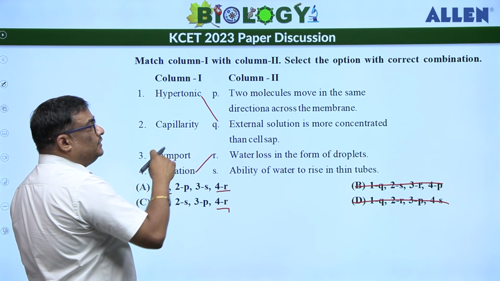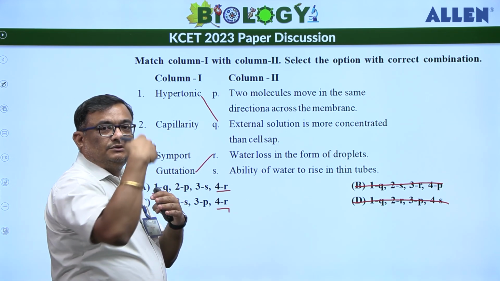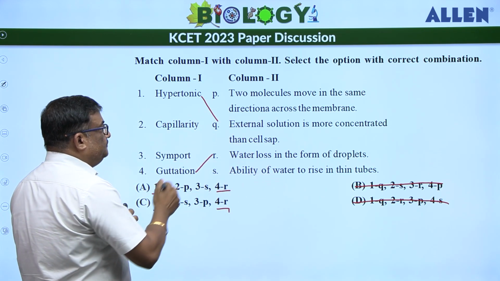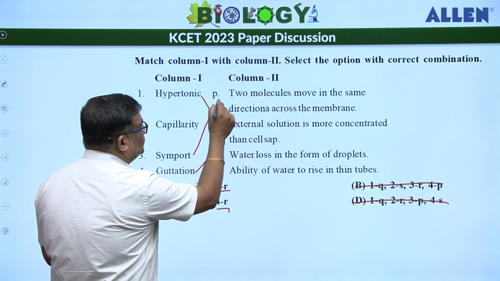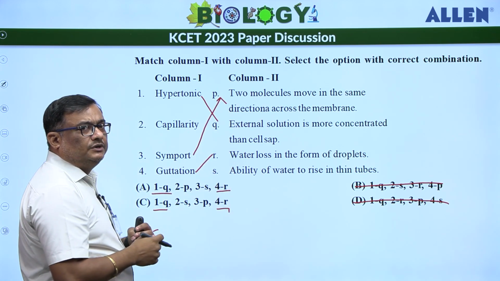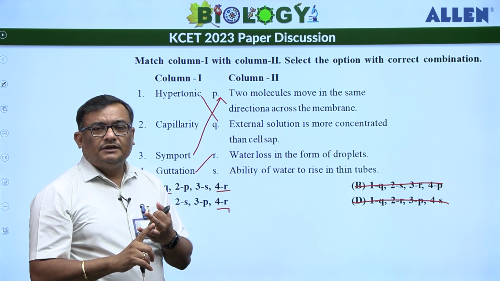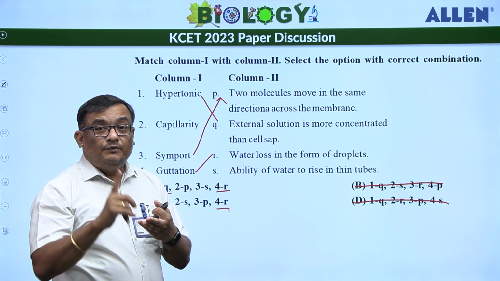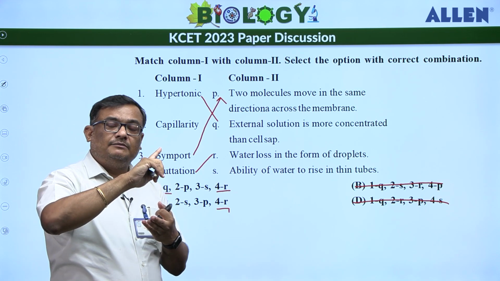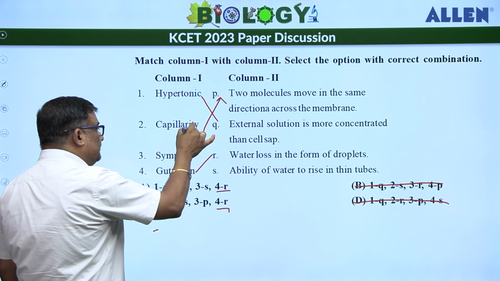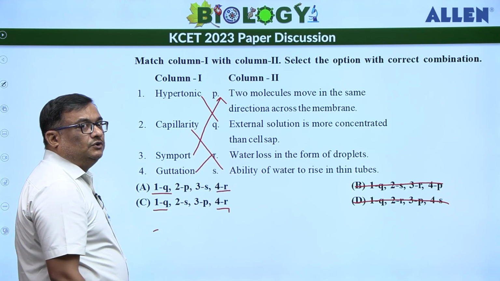Symport, you know that symport is the movement of molecules from one direction to another, from higher concentration to the lower concentration. And this becomes your two molecules moving in the same direction, symport. I think you must be remembering symport, antiport, and co-transport when you were studying the plasma membrane. Now comes capillarity. Capillarity is the ability of the water to rise in a given thin tube.